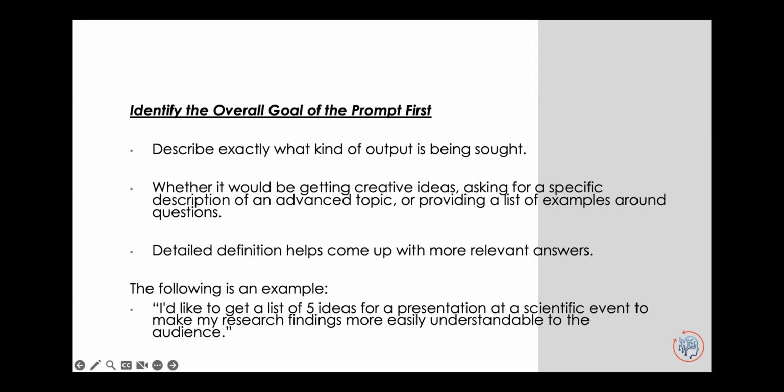Then you could give more details, like at a scientific event, to make my research findings more easily understandable to the audience. Maybe give information about the audience or the presentation. It would give you more ideas and make you think about what you want to know more, and whether you want to dive deeper into a specific idea or not.